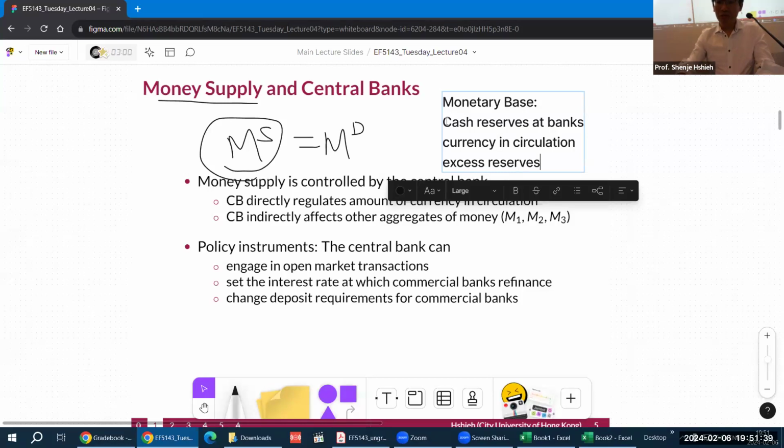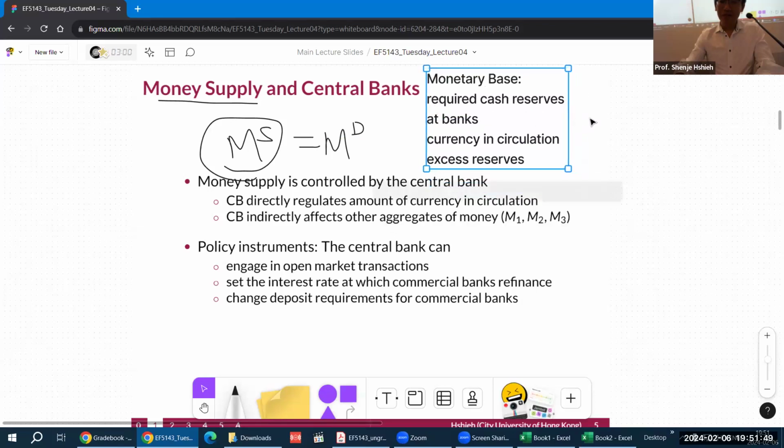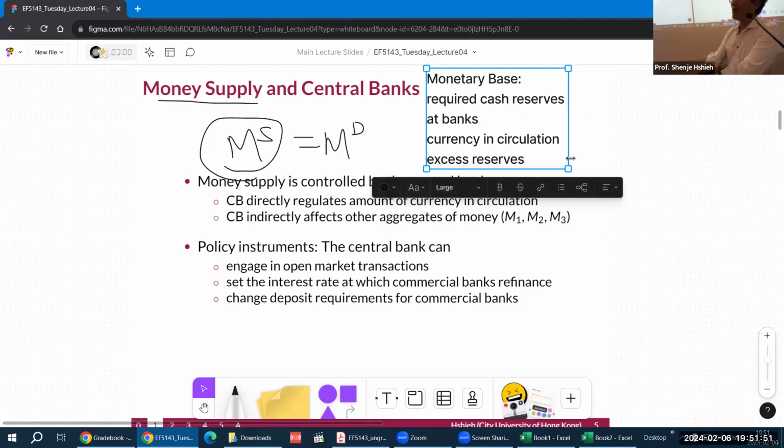So cash reserves, let's just say required cash reserves. I hope people have some idea of why there are requirements to hold on to cash at banks, why central banks would want this.